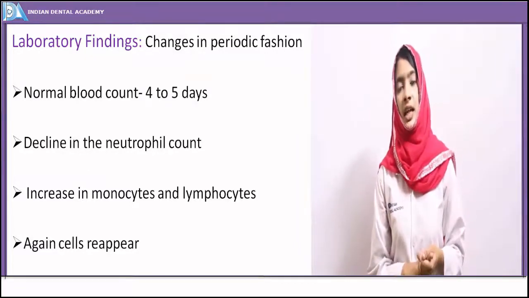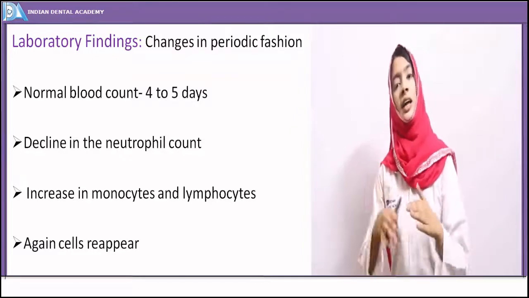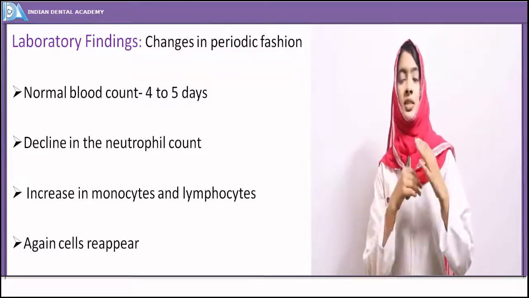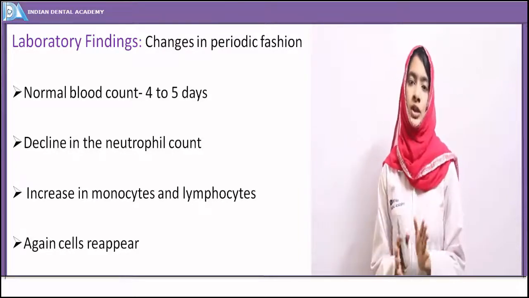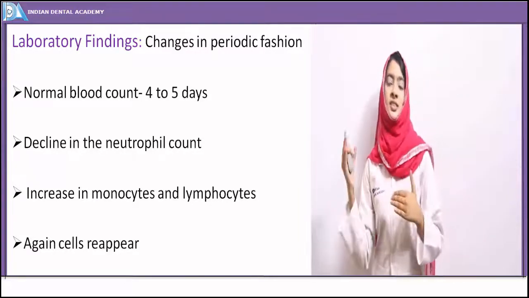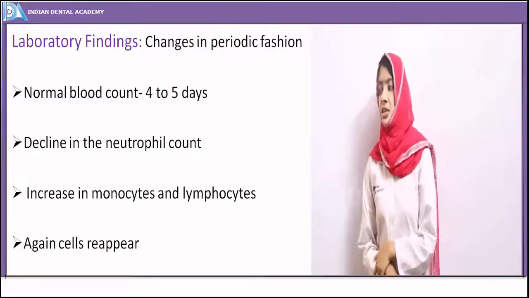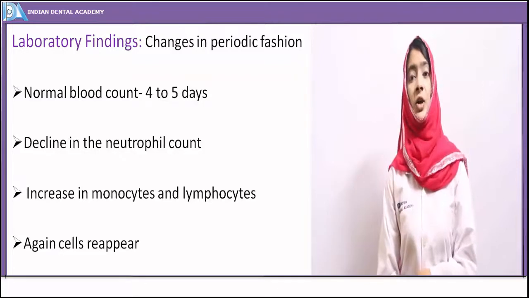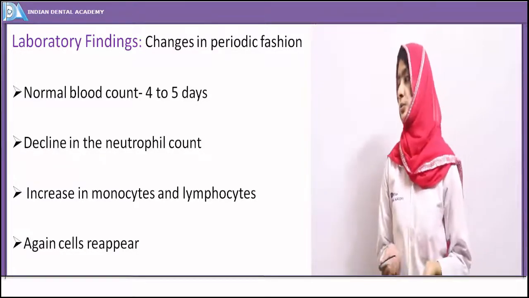After that, again for 4 to 5 days, the blood cell counts reach a normal level. Again after 2 days, the cells completely disappear and the polymorphonuclear cells become 0 in number. Again after 4 to 5 days, the cells decrease. That appears in a periodic fashion. Along with that, there is an increase in the monocytes also.